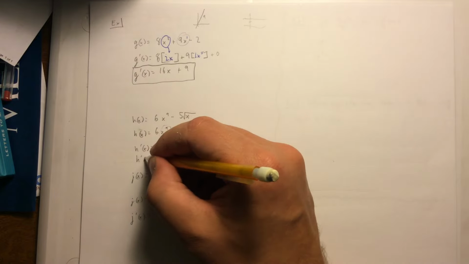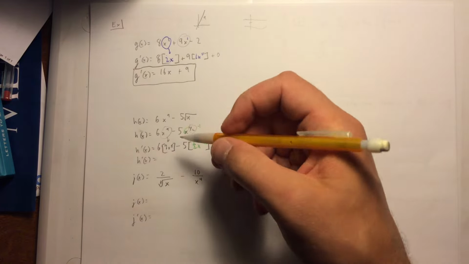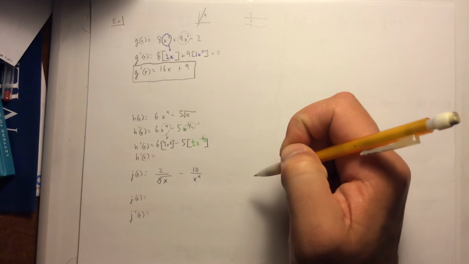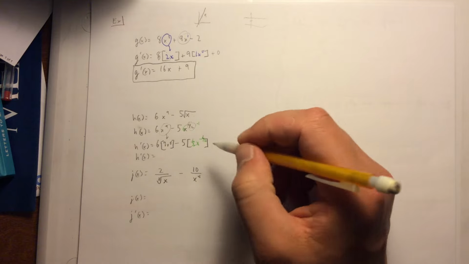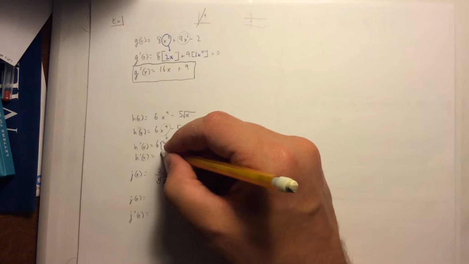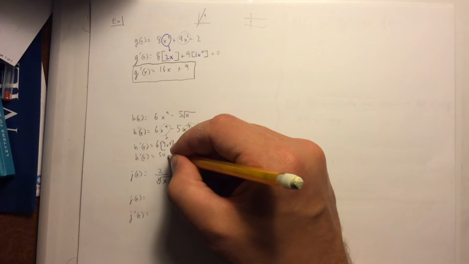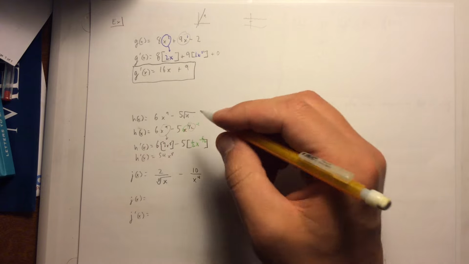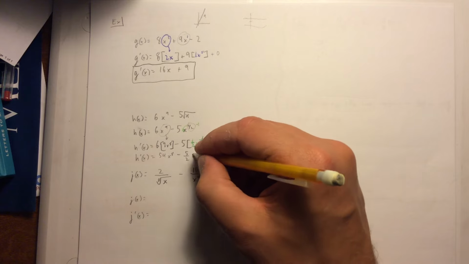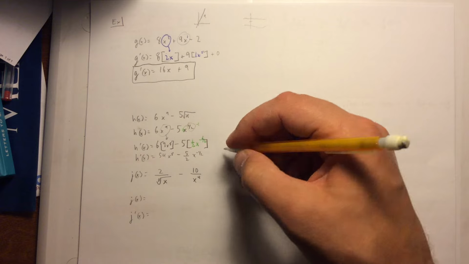So h prime of x is going to be, you can actually leave it just like this if you want to. If it's a free response question, that's good. Let's simplify it just for funsies though. 9 times 6 is 54, x to the 8th, minus, well, that's going to be 5/2, x to the negative 1/2.